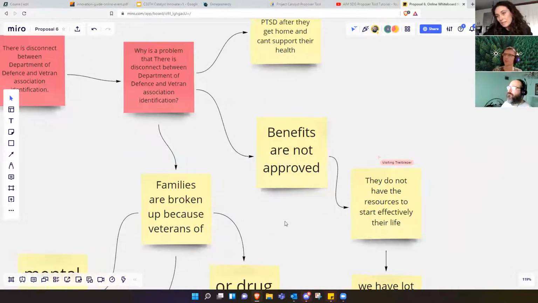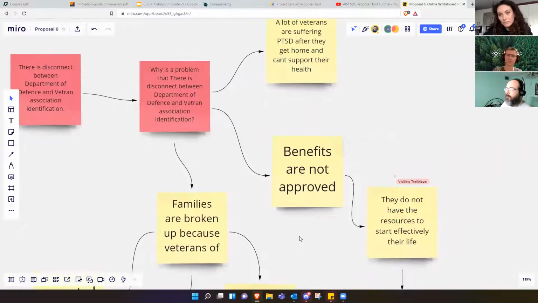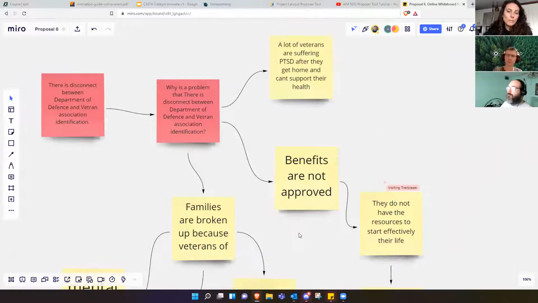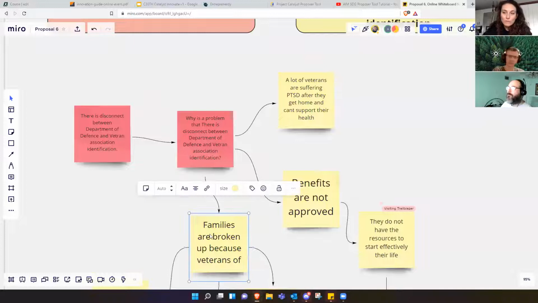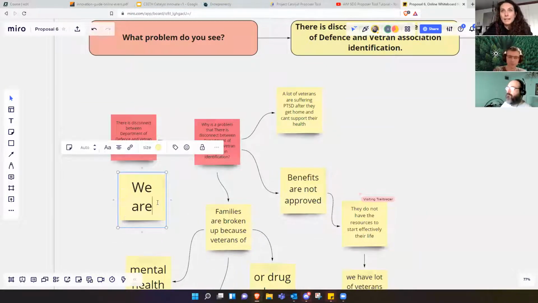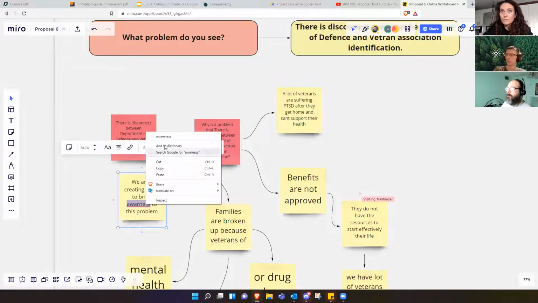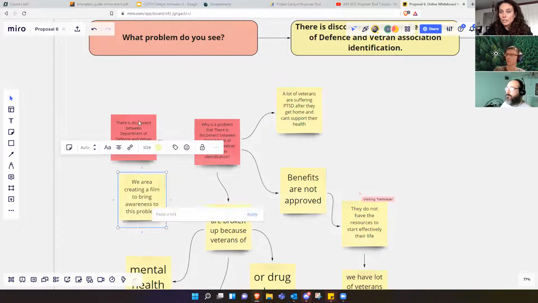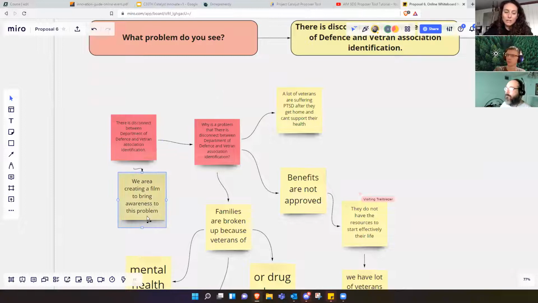So, like I said, we're creating a film that's bringing awareness to some of these other things. And through the film, we're also wanting to create an NFT project that is going to focus on Native American veterans, showcasing them almost like baseball cards as Native warriors, and have Native artists be a part of that.